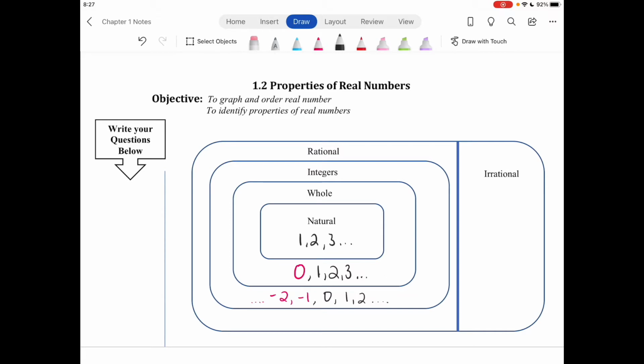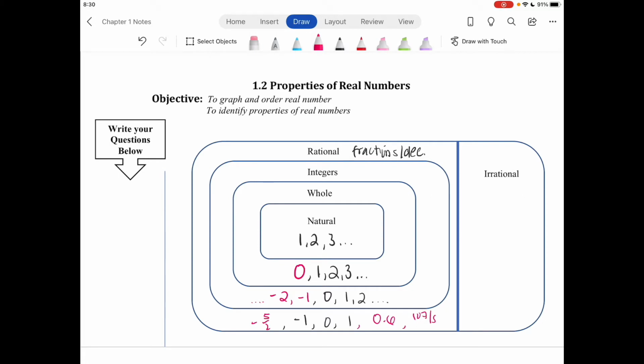Then we have our rational numbers, and these are like our fractions and decimals. For example, maybe we have -5/2. But it could also contain the same numbers we've had before, like -1, 0, 1, etc. And it could also include positive fractions and decimals, such as 0.6, or maybe 105/7.